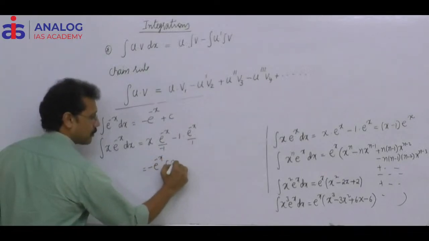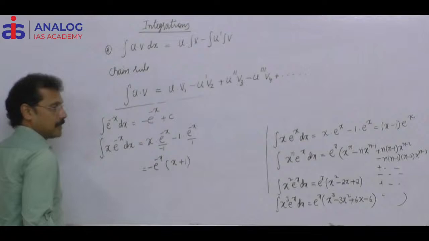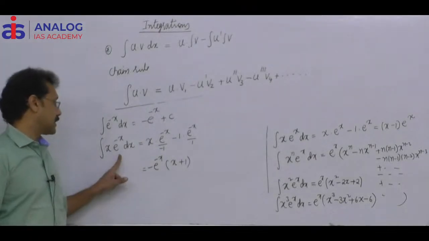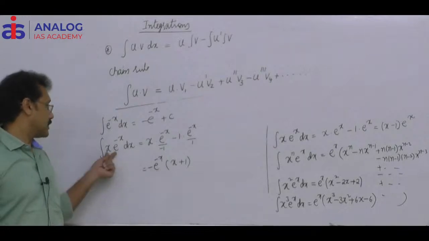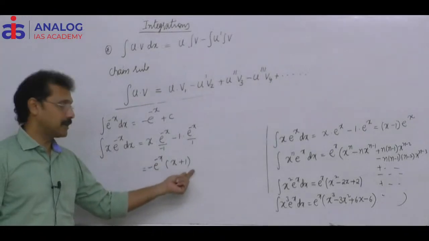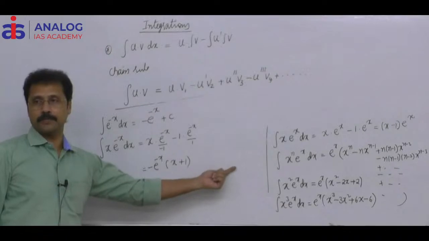Minus e power minus x taken common, x plus 1. So in the case of e power minus x, take minus e power minus x as common and write whatever is f of x here, plus differential of this, plus differential, plus differential.